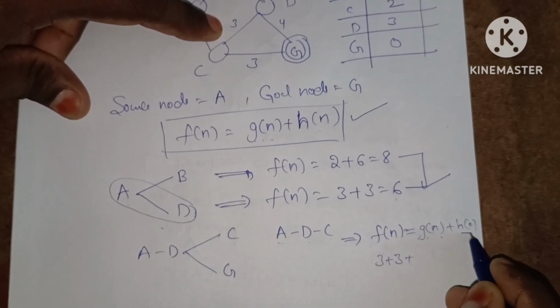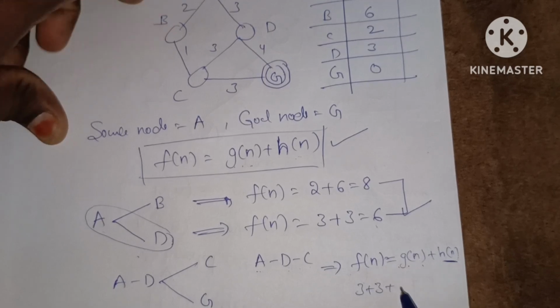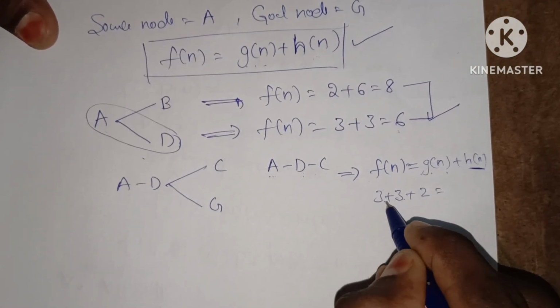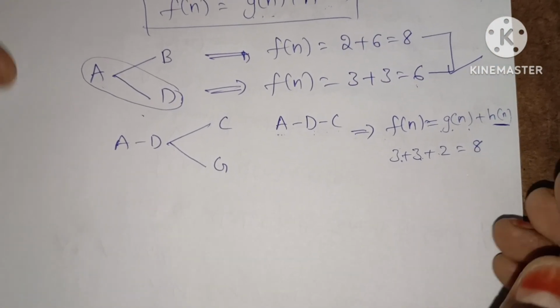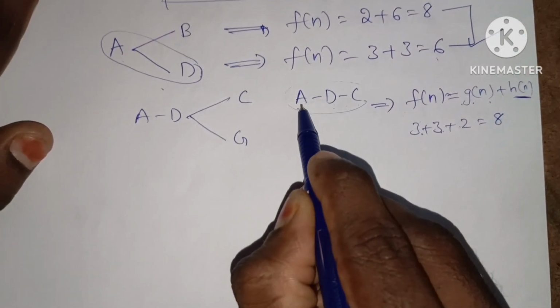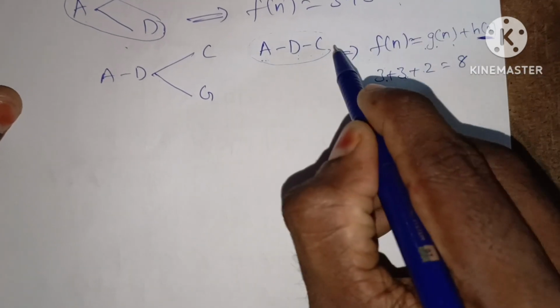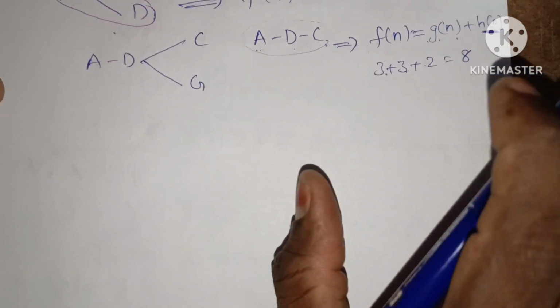Then you need to find H of n of C, which is equal to 2. So 3 plus 3 is 6, plus 2, 8. Is it clear? G of n means we calculate G of n for A to D, D to C. Finally, we calculate H of n of the last node. That is the A star algorithm.